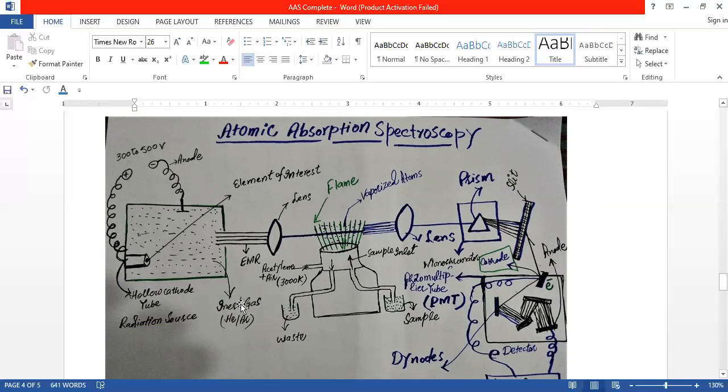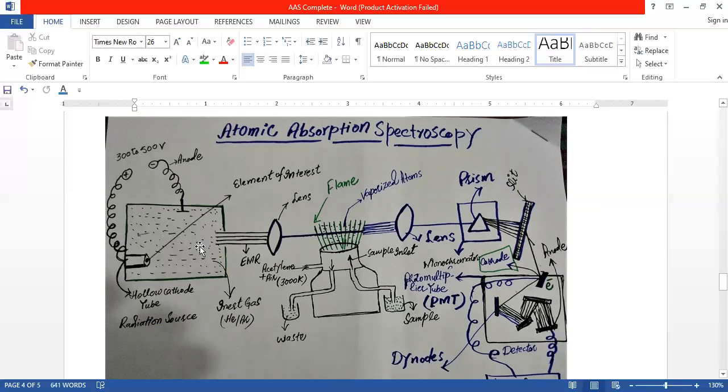And again, these ionized gases will attach to the elements of interest, which is present on the surface of the cathode tube. After getting energy from these ionized gases, our element of interest will go to the excited state.